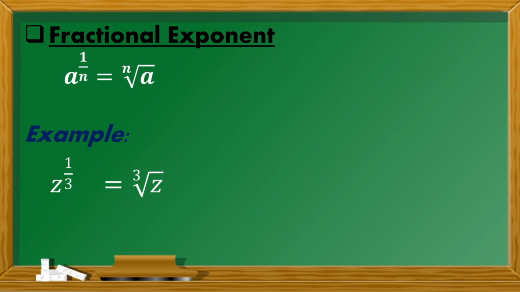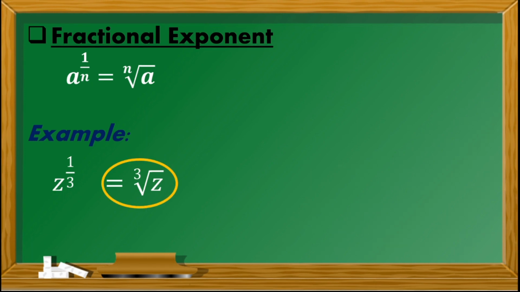Example, z raised to 1/3 equals cube root of z. Yan na yung ating sagot. Another example, 4 raised to 1 over 2 or 4 raised to 1/2 equals square root of 4. And the square root of 4 is 2. So 2 is the final answer.